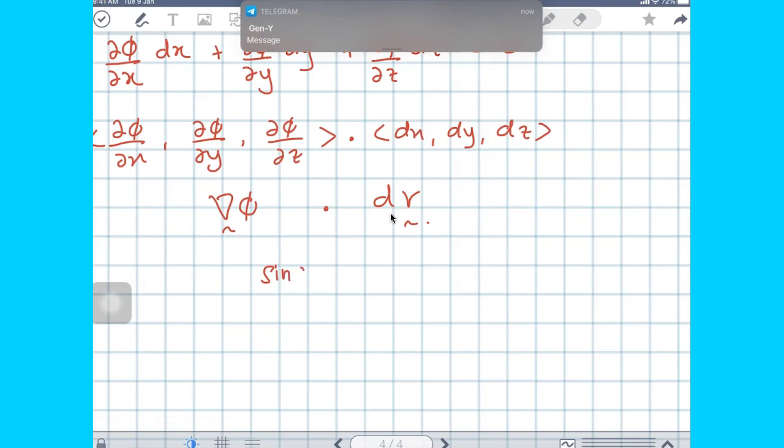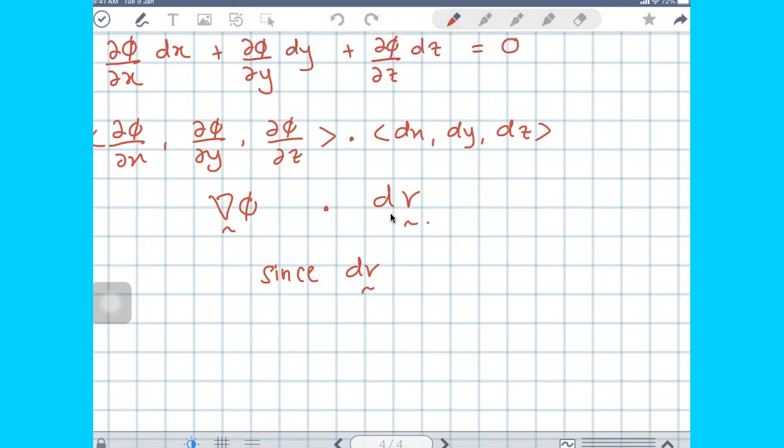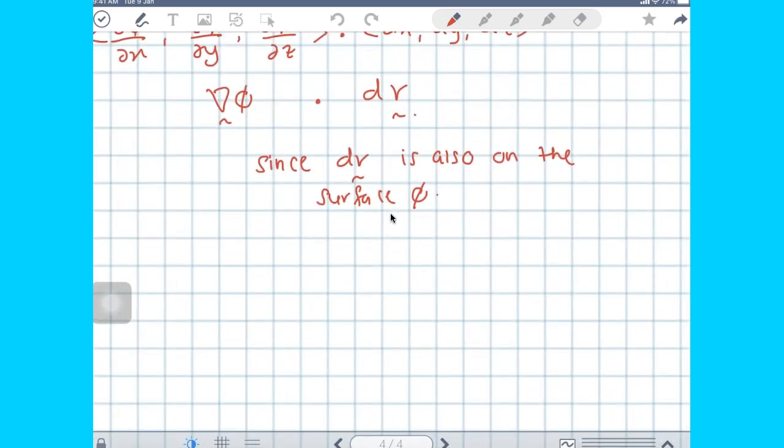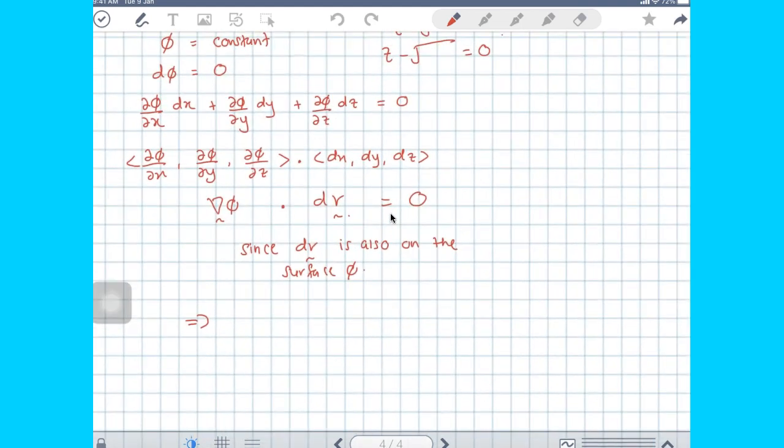Since dr, which is a tangent vector to the level curve, is also on the surface phi, we can say that, because the answer here is 0, because we set this equal to 0 from the beginning, since when phi is constant and you differentiate, you get 0.